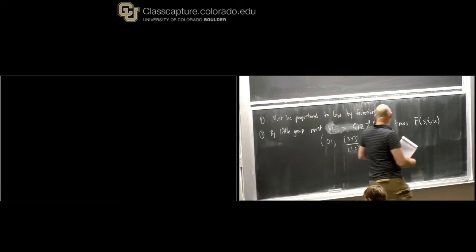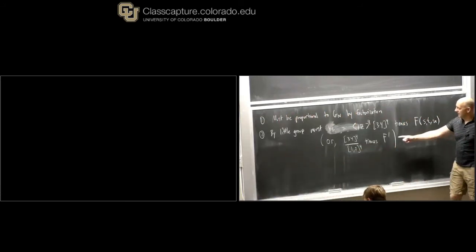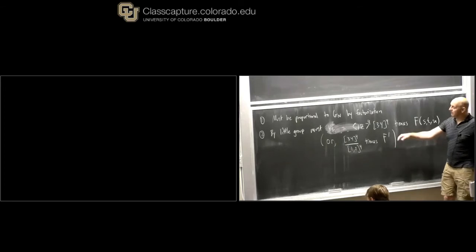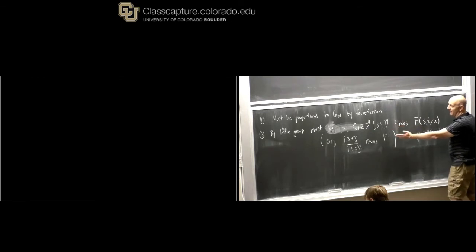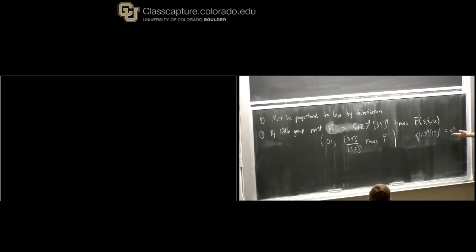I don't need to consider this because this f prime and this f are related to each other by an overall factor that looks like this. So if you choose this factor and I choose this factor, then your f prime and my f will just disagree with each other by an overall factor of s to the fourth.